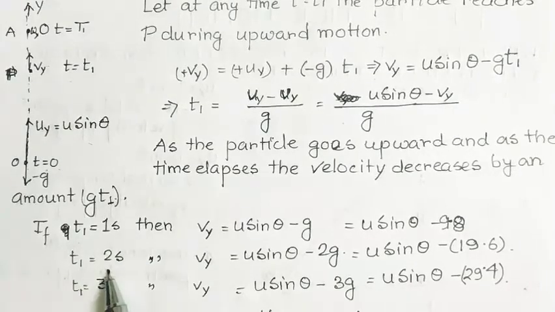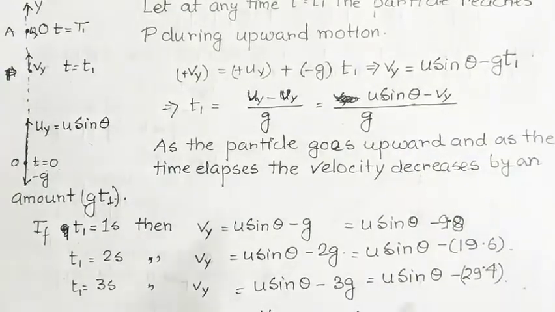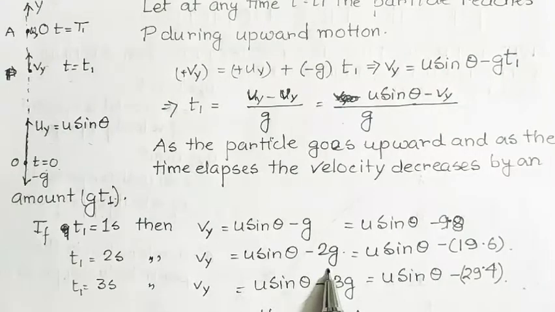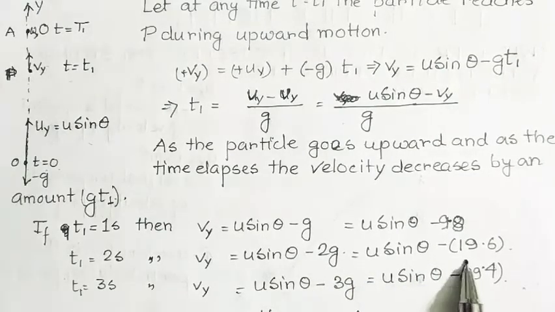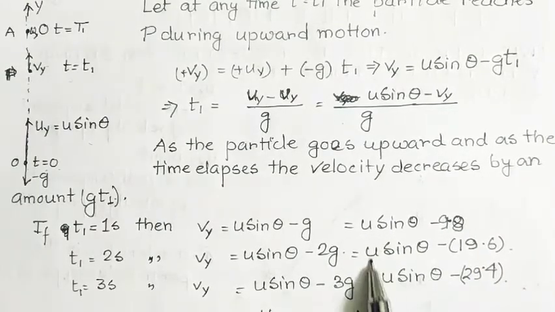Similarly, for t1 equal to 2 seconds, Vy equal to u sin theta minus 2g, where g is 9.8, so 19.6. So after 2 seconds, the initial velocity u sin theta is reduced by 19.6. Similarly, after 3 seconds, it will be reduced by 29.4.